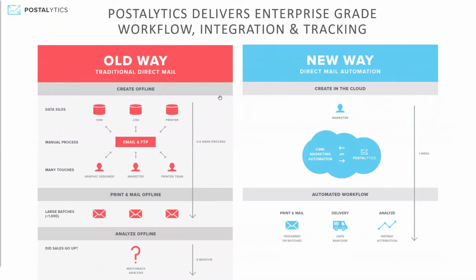And then having an automated workflow that transmits electronically direct mail information back and forth to the printer, to the postal service, enables you to instantly analyze everything that's happening. And so it's just a smarter, better way to do things.